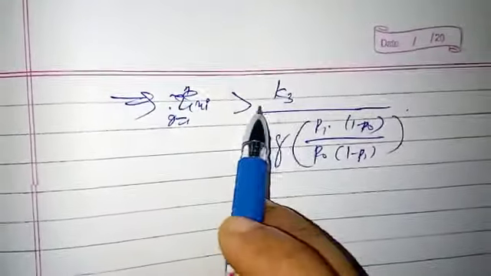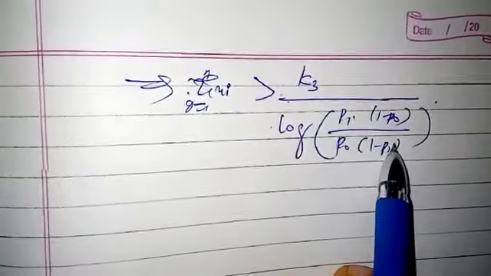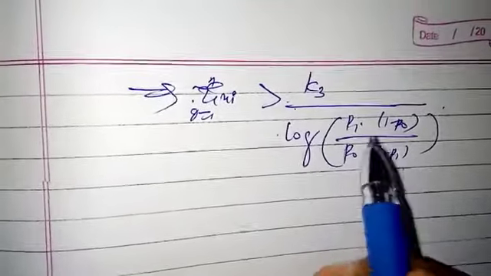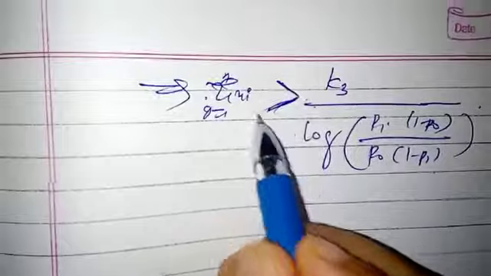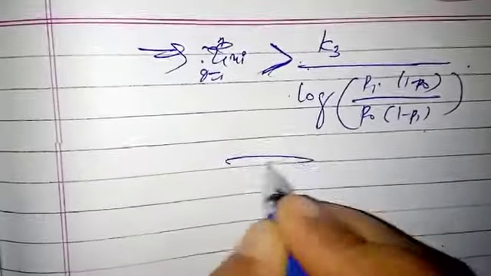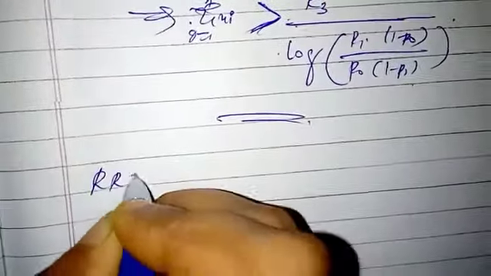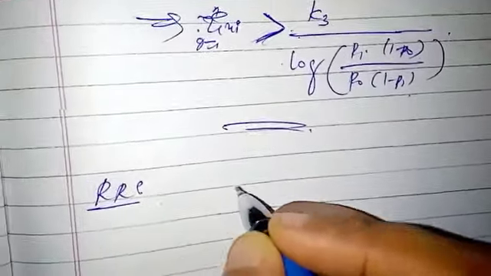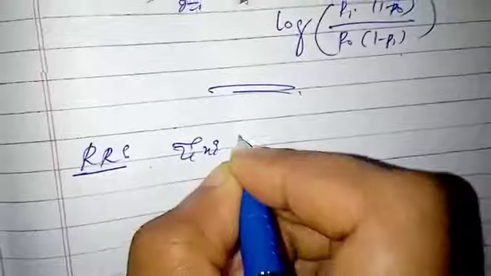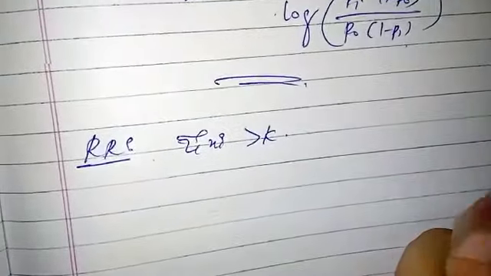It's greater than, right? Because this is a positive number, the sign remains the same. Then what is the rejection region? Then rejection region equal to summation xi greater than k, right?